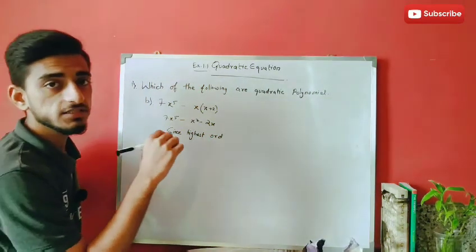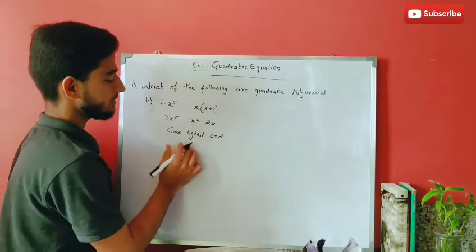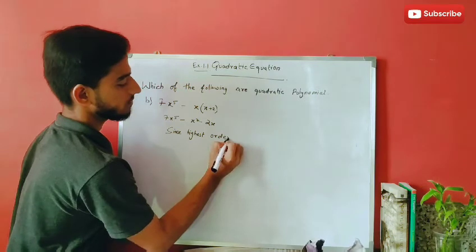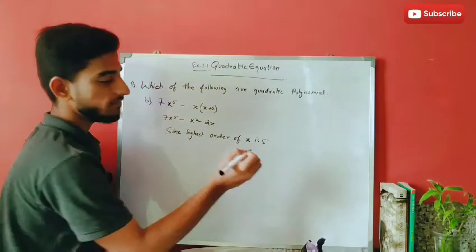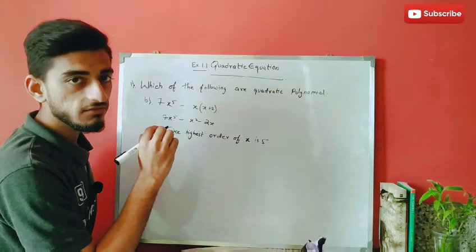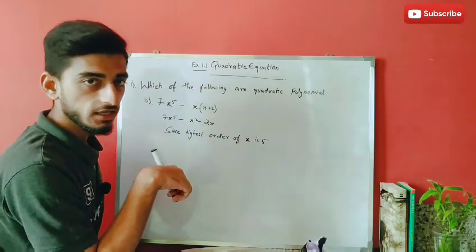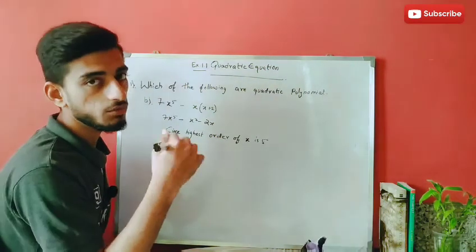Since the highest order of x is 5, it is not a quadratic polynomial.